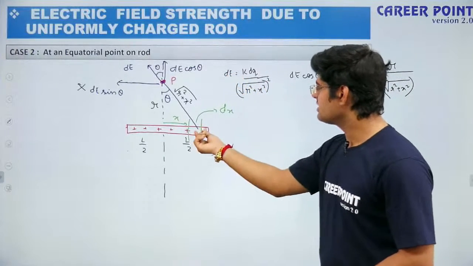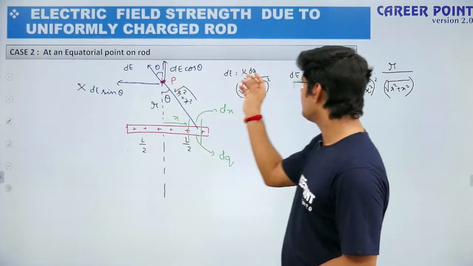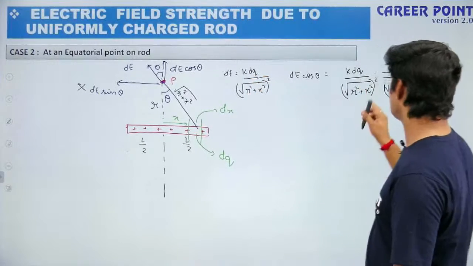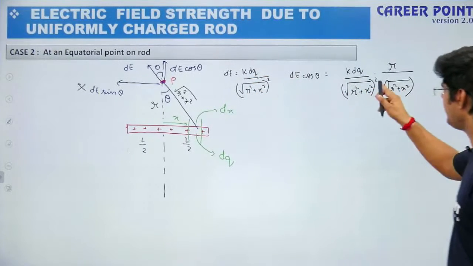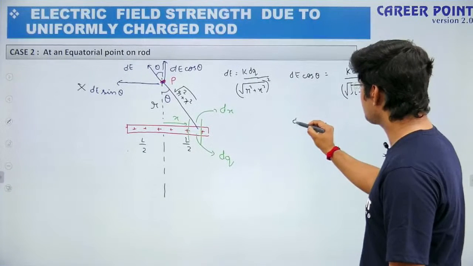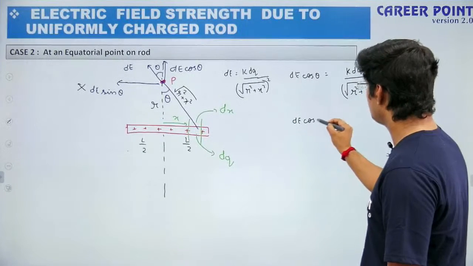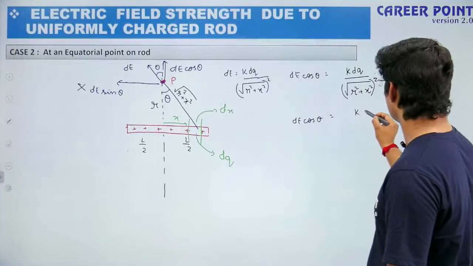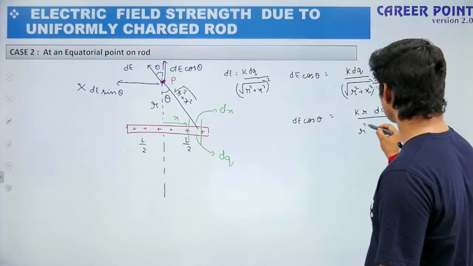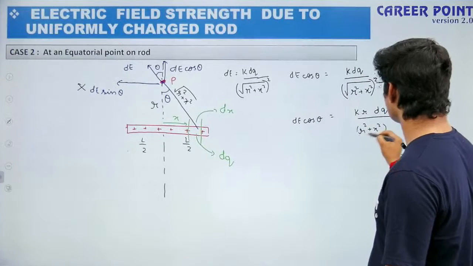The electric field due to this element dE at point P has magnitude k dq divided by distance square. So I have applied the square here as well as here. So dE cos theta will actually come equal to k r dq divided by (r square plus x square) raised to power 3 by 2.